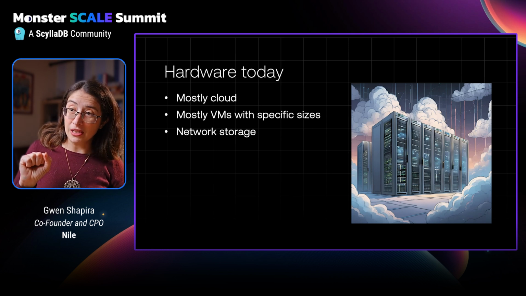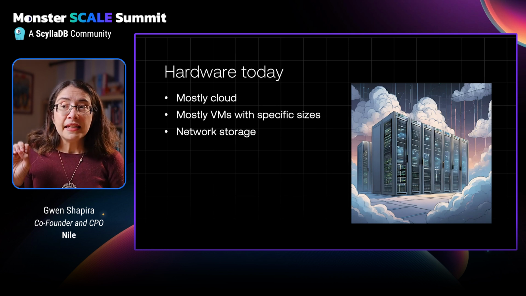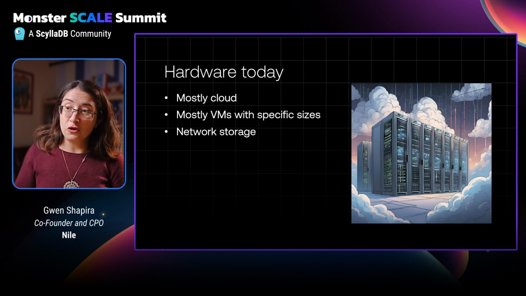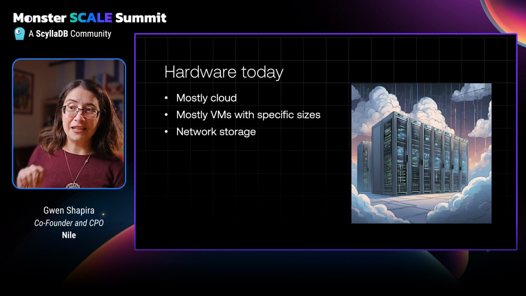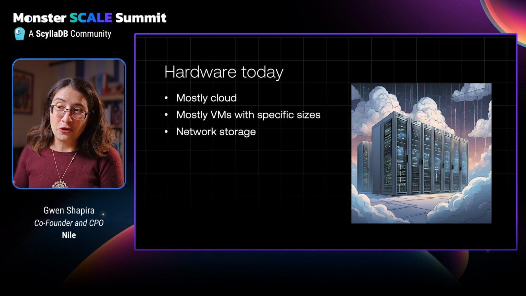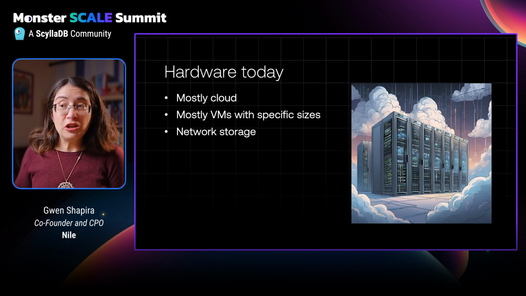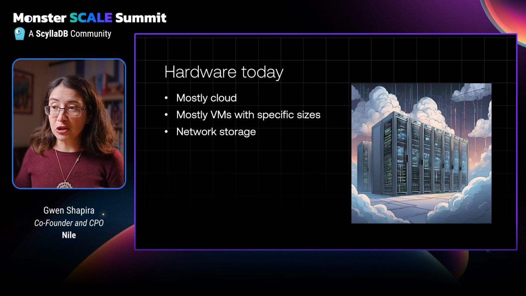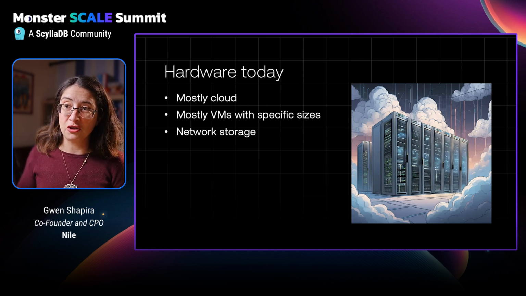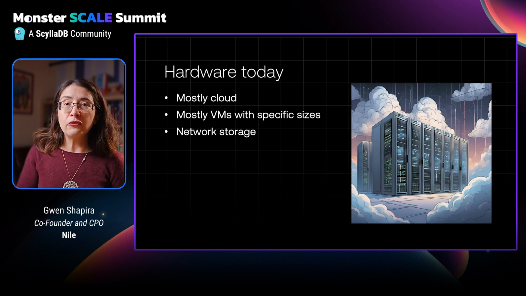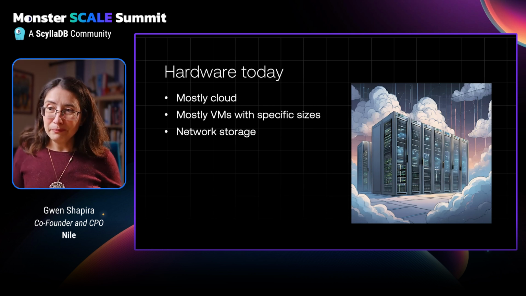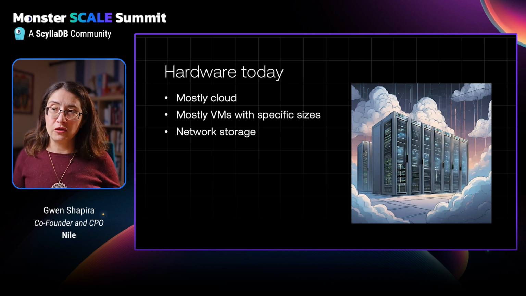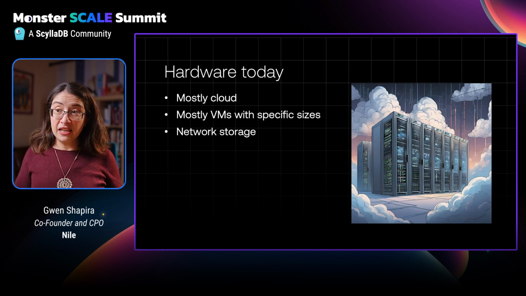The storage, on the other hand, even though we all know that having SSDs attached to a machine is the faster storage option, in the cloud it's actually inadvisable. Stuff happens to machines there, and it happens to their attached storage as well. So you really want to use EBS. Now, EBS and its equivalents on other clouds are actually really good as far as network storage goes.